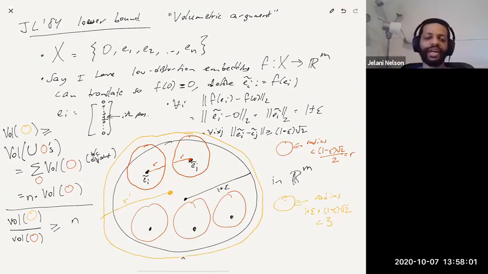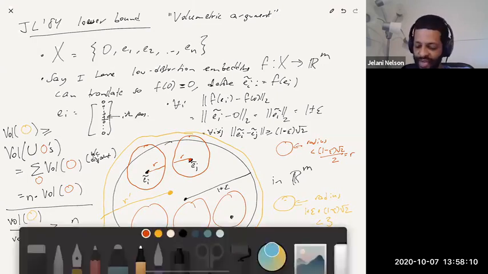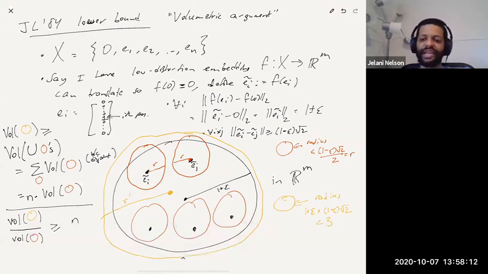You can look it up, what is the volume of a ball in m-dimensional Euclidean space? It doesn't really matter because the point is it's going to cancel. If you have a radius r ball in dimension m, the volume is something like r to the m times something that depends on m. So the numerator is going to be r prime to the m times blah.